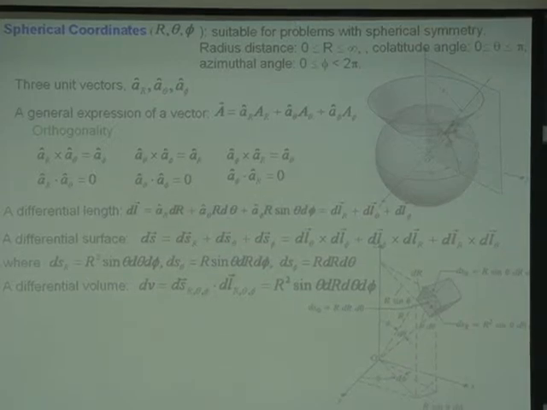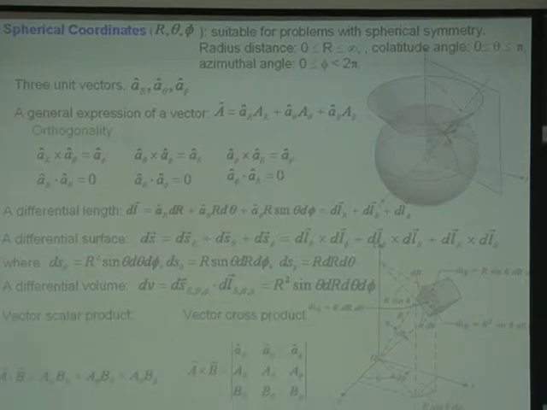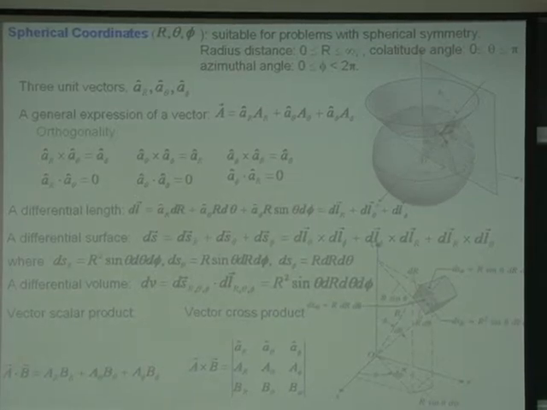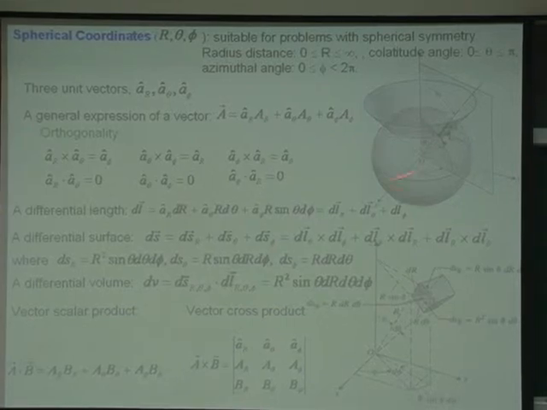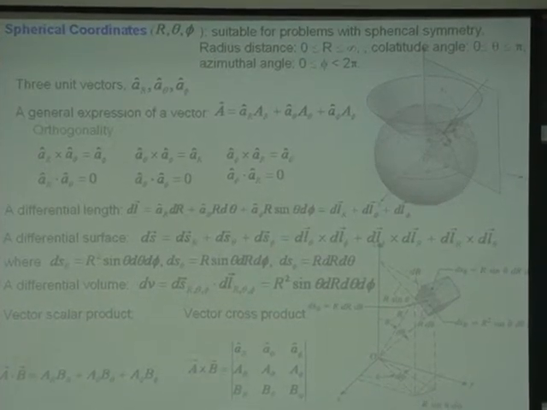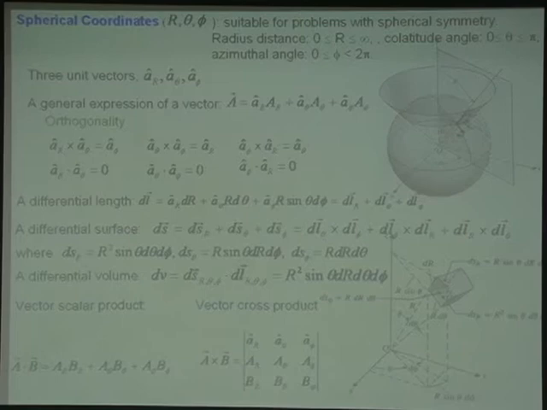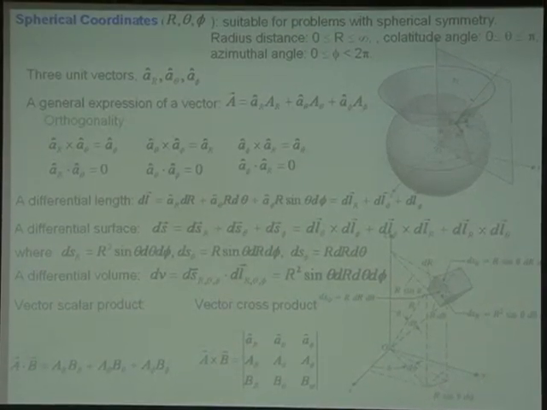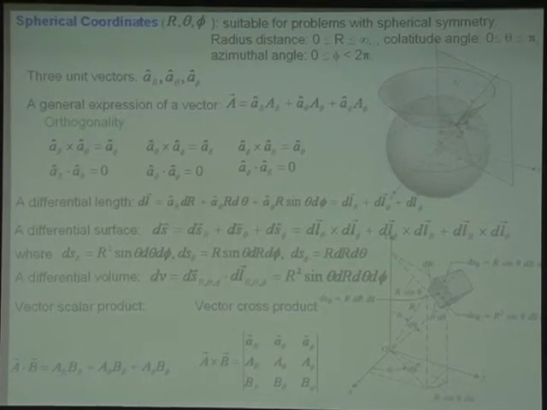Okay，所以在这个 r theta phi 的 coordinate system 里头，你也可以算出它的 vector dot product and vector cross product. Okay, so those are just tools for you to do calculation, but don't forget that the purpose for learning about this is that in electromagnetics you have to do a lot of volume integration, surface integration, and line integration because of the concept of the circulation and the flux. Okay, and also charge distribution and so on.